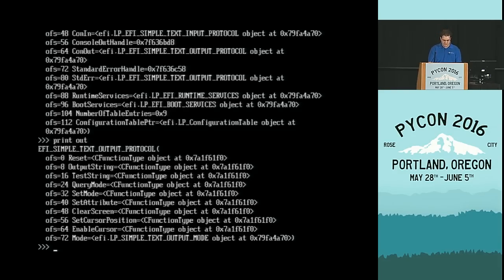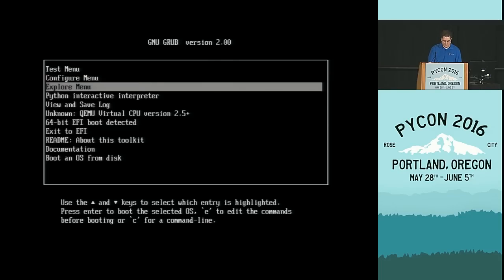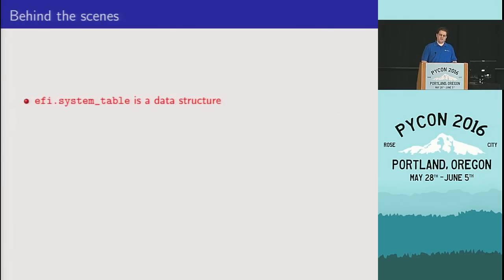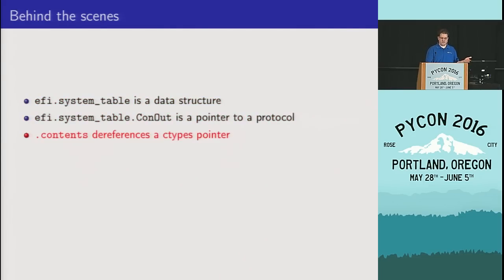So that's the interface we're using to call these individual networking objects. And based off of that, we can call some more advanced mechanisms like the TCP protocol or the IP configuration protocol. So let's talk, I mentioned behind the scenes, you have a data structure, you have a pointer to a protocol. .contents here is just the ctypes way of saying the star to dereference a pointer.